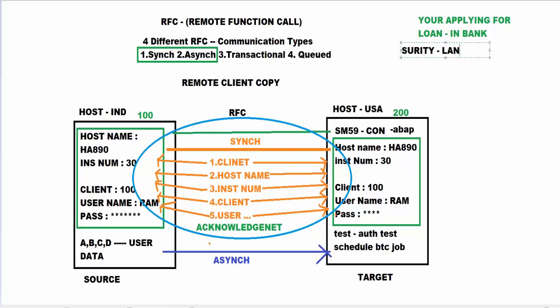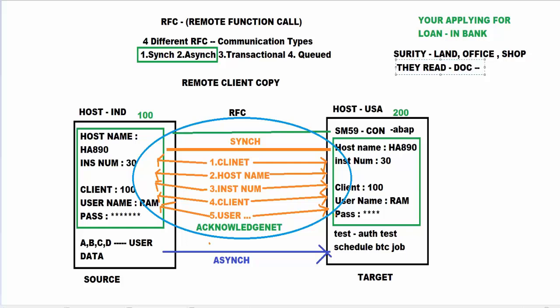You are putting up some land, some office space, some shop, and showing it to the bank officers. By giving this surety, what will they do? They will read the documents.